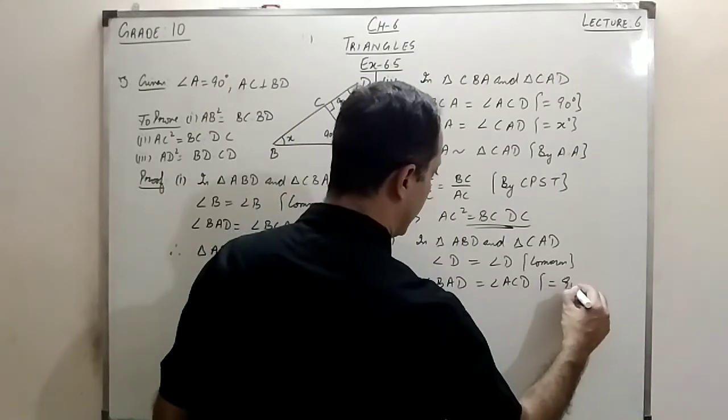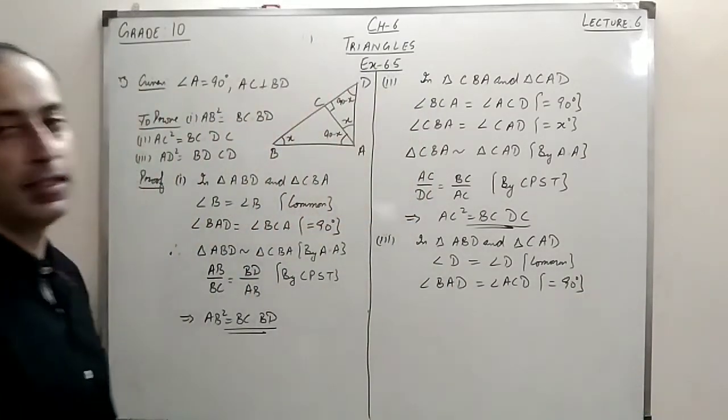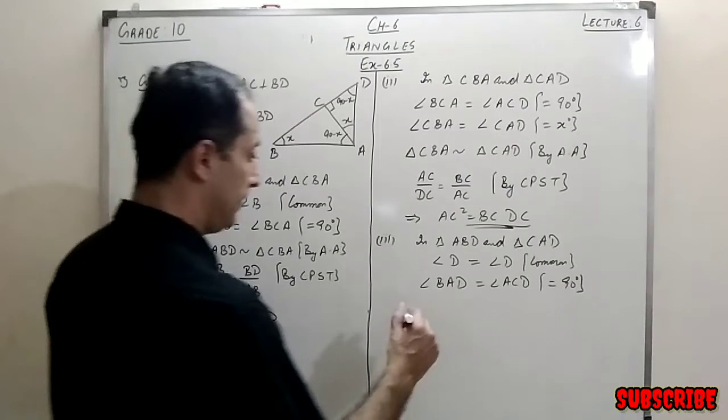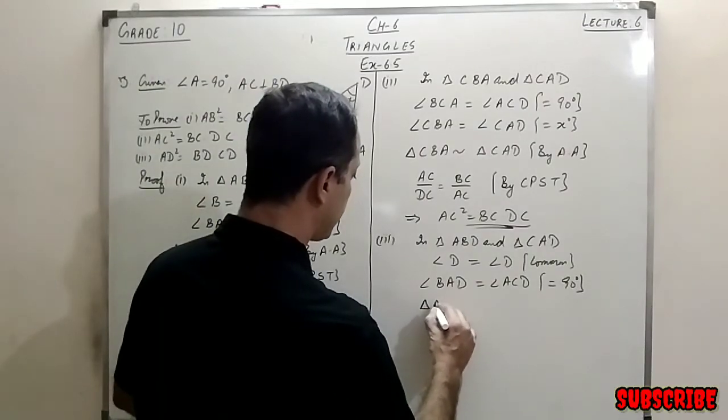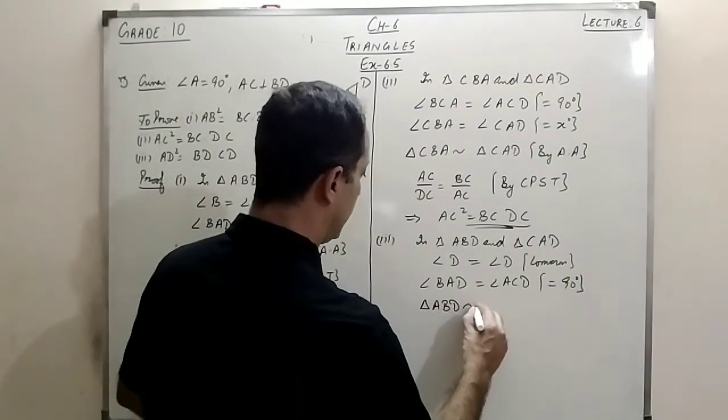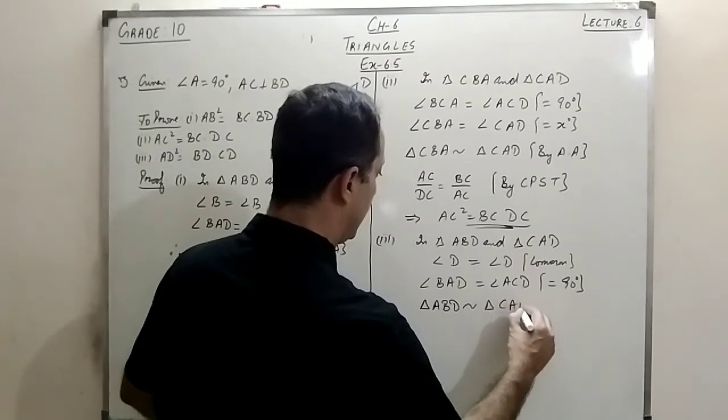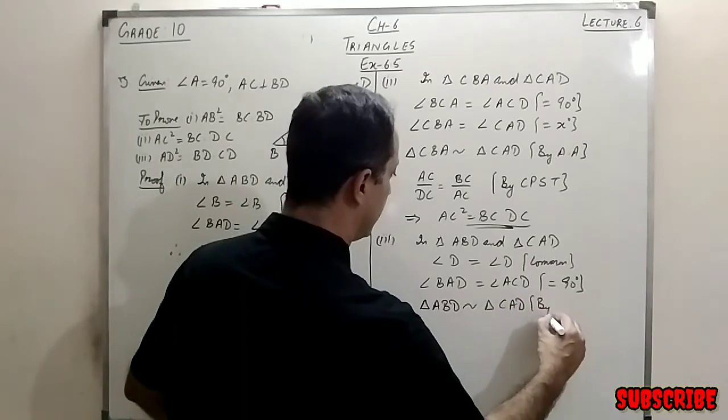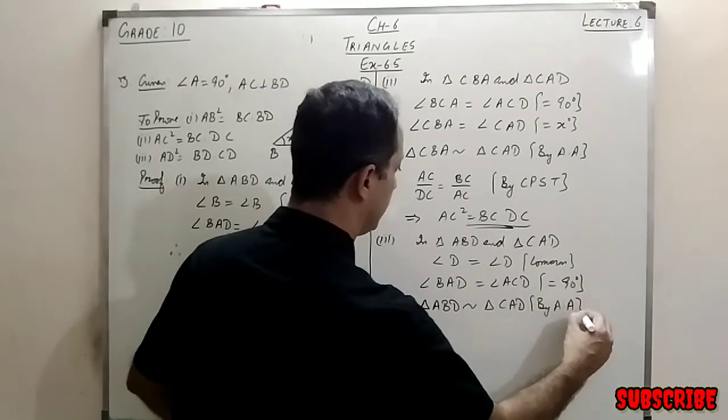Why are they equal? Because both are of 90 degree. So what I can say, triangle ABD is similar to triangle CAD, and the property is by AA similarity.